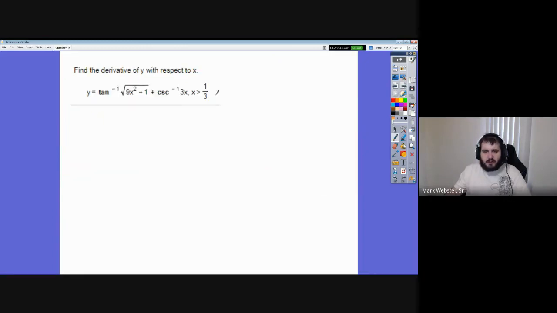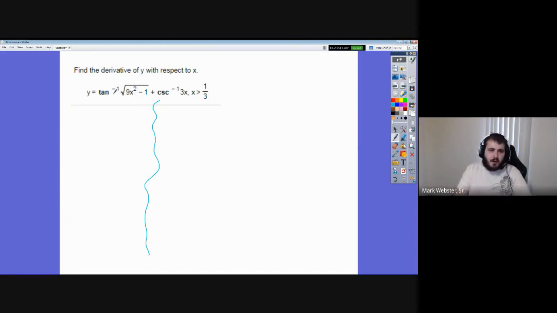So once again, they give you your domain. You don't have to worry about this so much. But here, as you're doing this, just remember you're doing two separate problems. Don't try and overthink this. You're doing two separate problems. Just do them separately and then just put a plus sign in between them at the bottom.